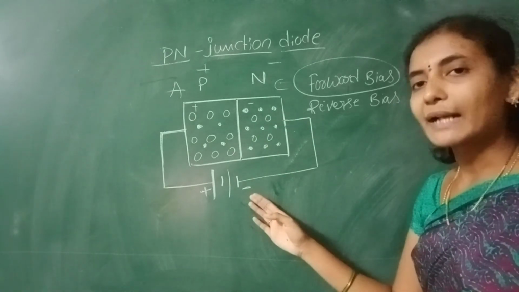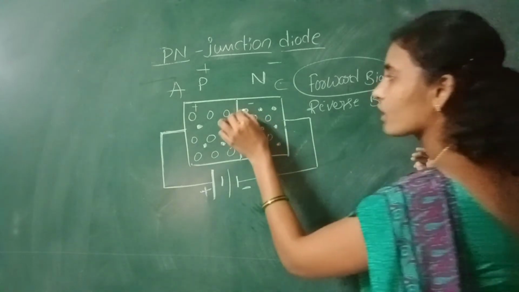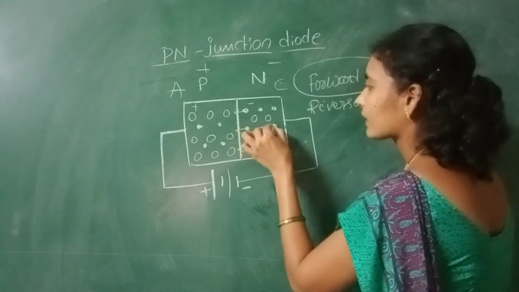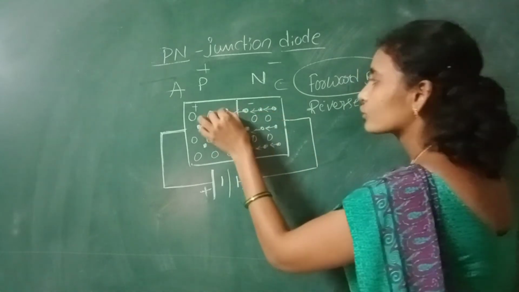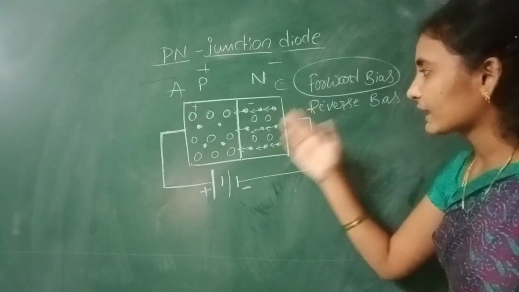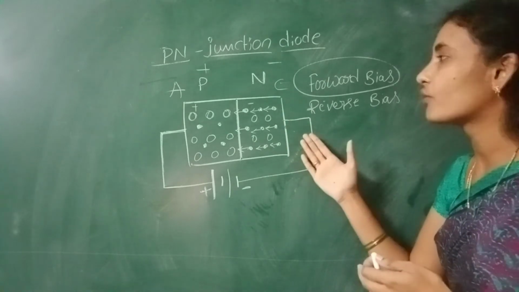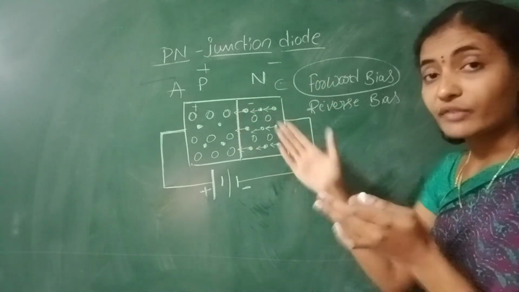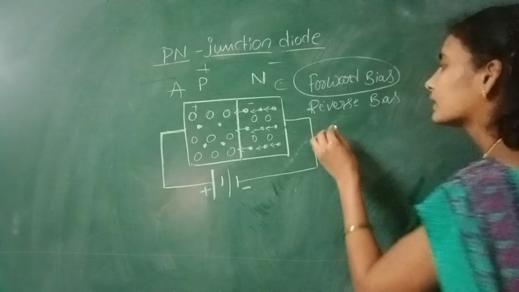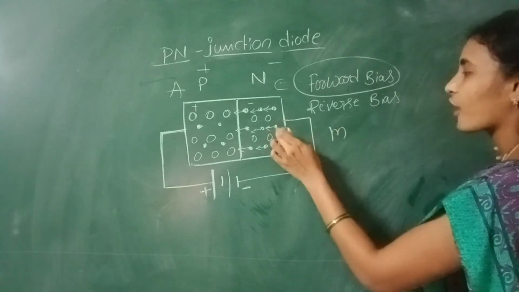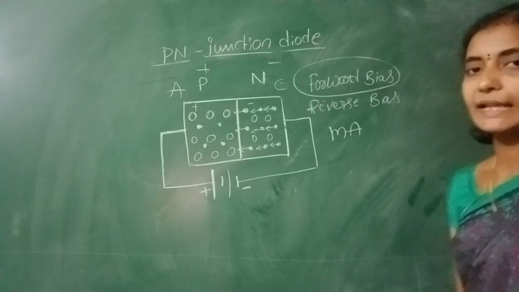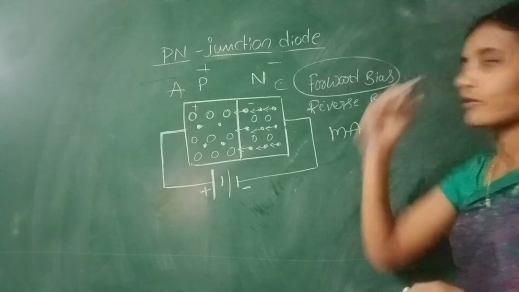So the electrons try to move towards the junction to combine with the holes. We can observe that maximum electrons are moving towards the junction. If electrons are moving in this material, automatically current will flow. The current in the forward bias of a PN junction diode is measured in milliamperes. So this is about forward bias.